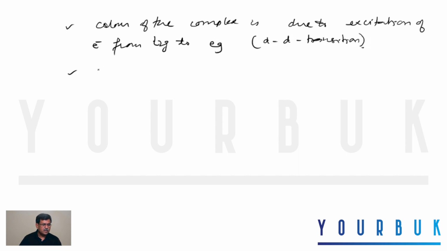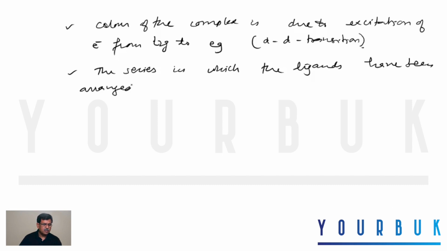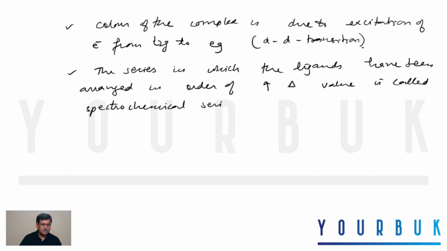Now, when the ligands are arranged in order of increasing delta value, or increasing crystal field splitting energy, it is called the spectrochemical series. It is called spectrochemical series because as delta changes, lambda changes and the color changes.